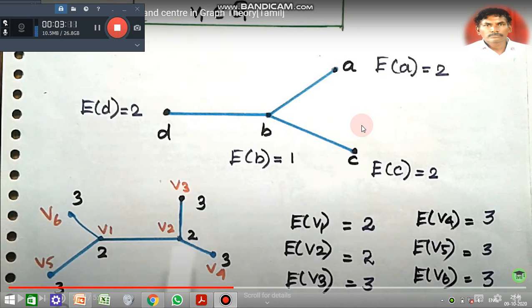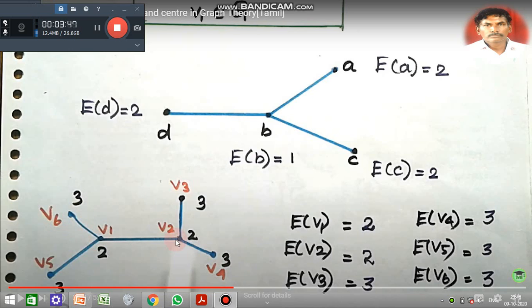Now, to make you understand more clearly, I have taken this particular picture here. How many vertices are here? V1, V2, V3, V4, V5, V6 vertices are there. Our aim is to find the eccentricity based on the farthest vertex from V6. Two vertices are farthest from V6, equally away: one is V3, another one is V4. How long equally away?